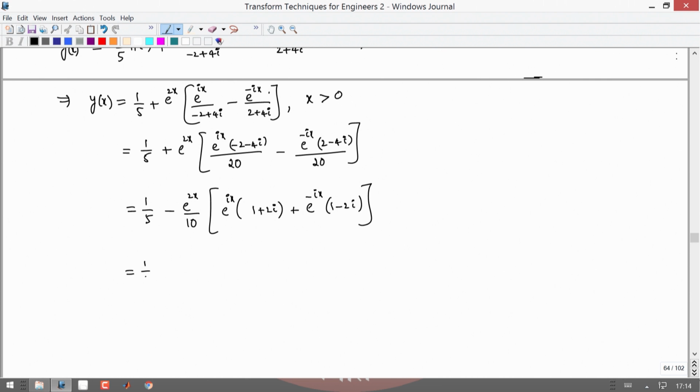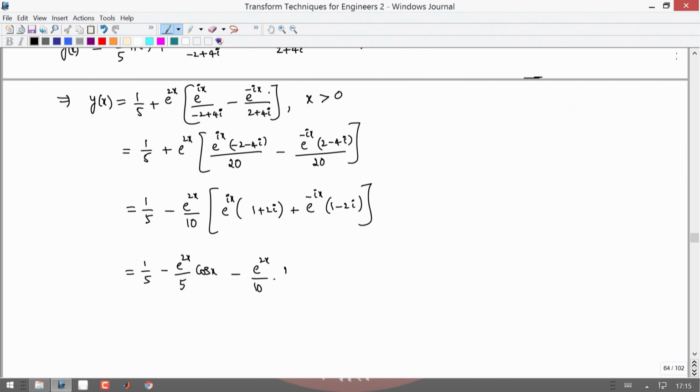So, this is going to be 1 by 5 times e power 2 x by 10, and this together is 2 cos x. So, you have 5 cos x, and then here minus e power 2 x by 10, and you have e power I x minus e power minus I x.